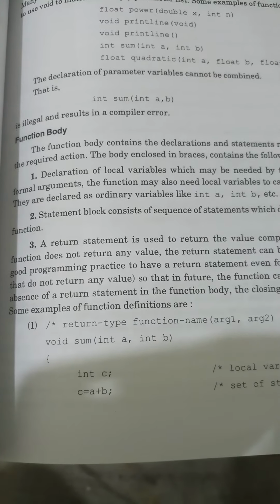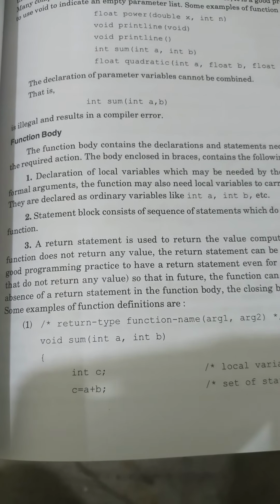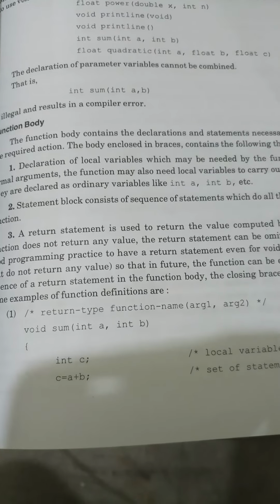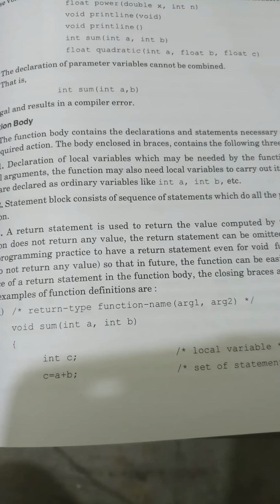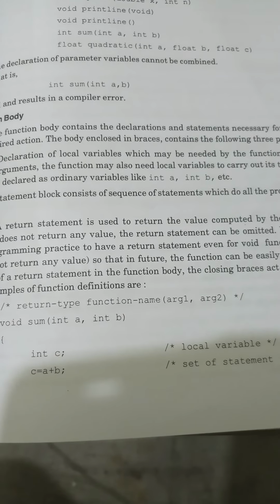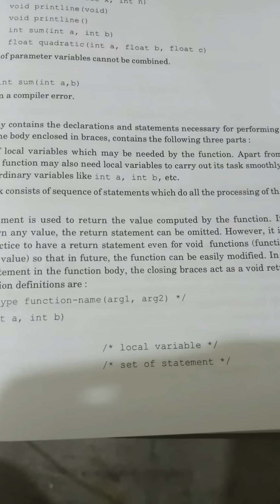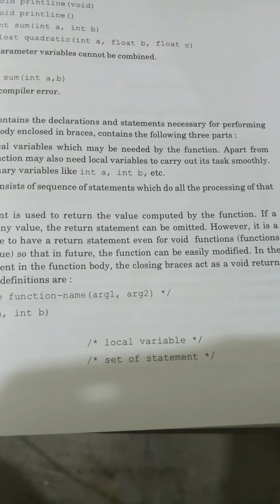Some examples of function definition are: return type, function name, argument 1 comma argument 2, comment line.